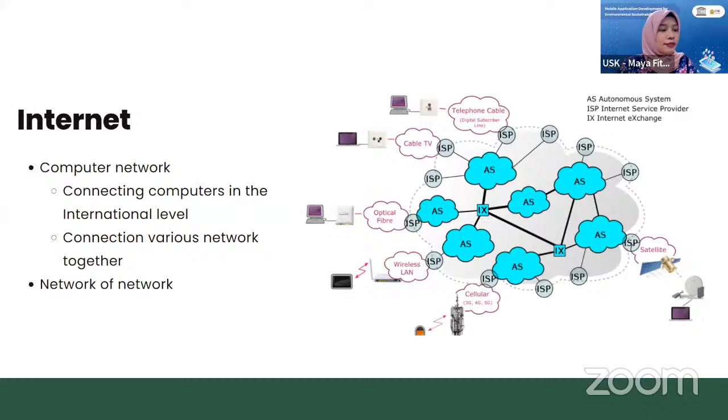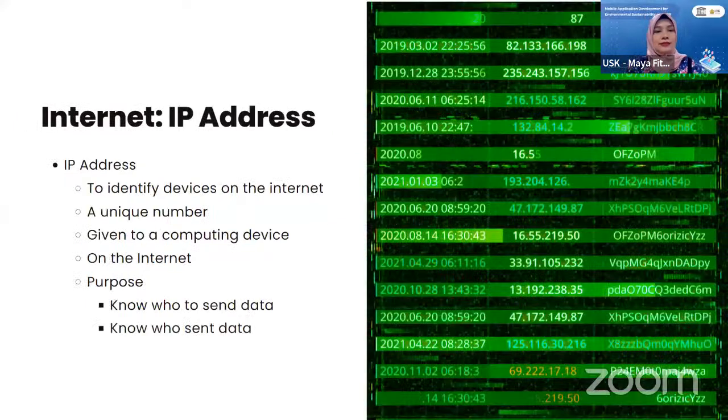All right, now let's go to the IP address. In this internet, there will be a number of devices. So how do we identify these devices on the internet? We use an IP address. The idea of an IP address is that it's a unique number.